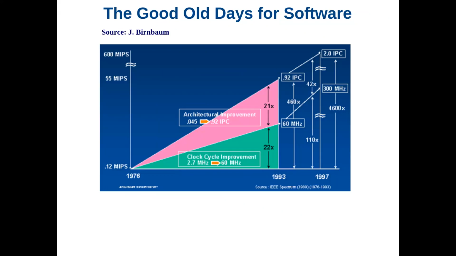Therefore, these used to be called good days for software. Maybe your manager would be very happy to buy. You can just tell the manager, oh, this program is very slow, and the manager says, okay, you just buy new hardware and the person will be happy because you have improved the performance. This continued for some time, into the late 90s or so, and we were getting a very nice benefit.